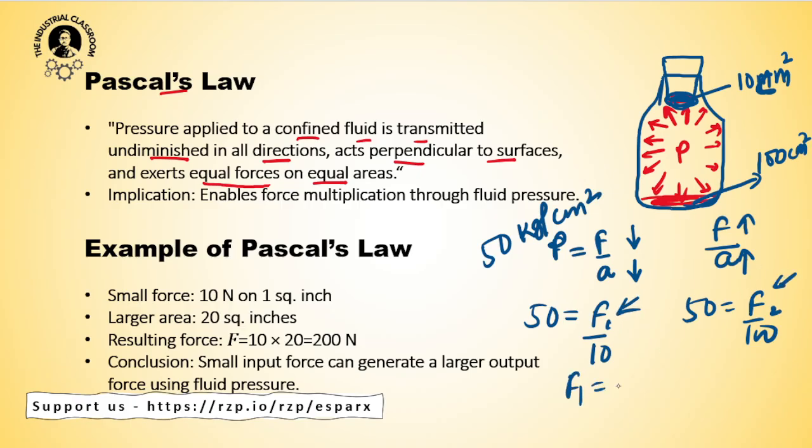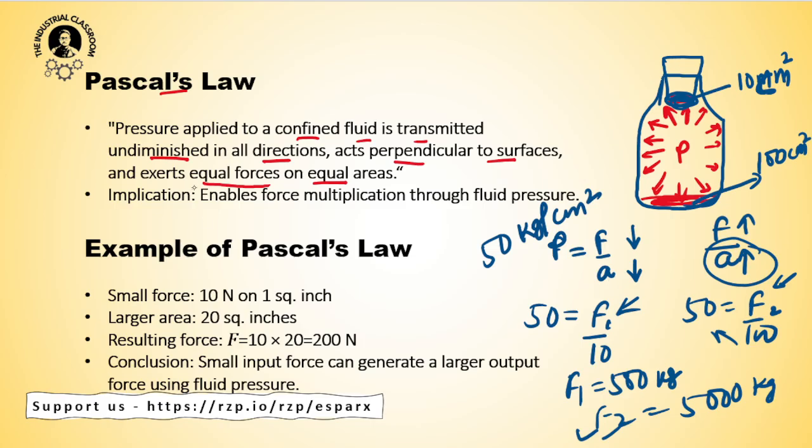Here I can say that F1 is equal to 50 into 10, which is 500 kg, and F2 is 50 into 100, that is 5000 kg. So we can say that the larger the area, the greater is the force here. Okay, so this is a small calculation which is given in this video. You can just watch it.